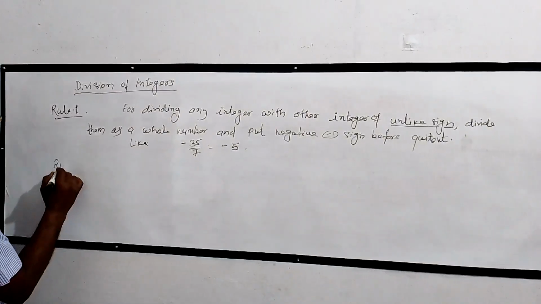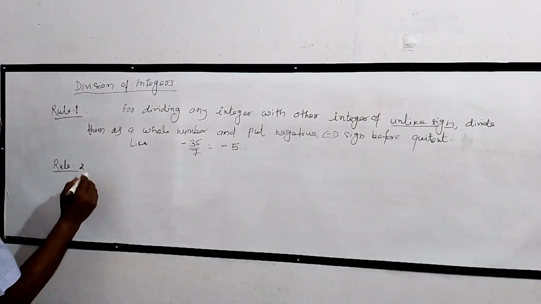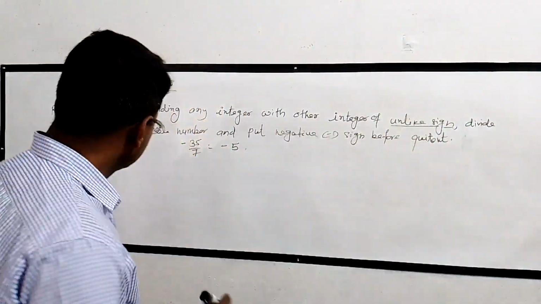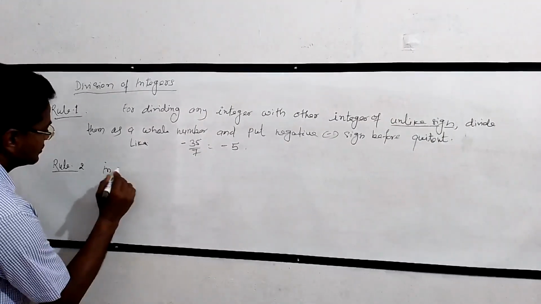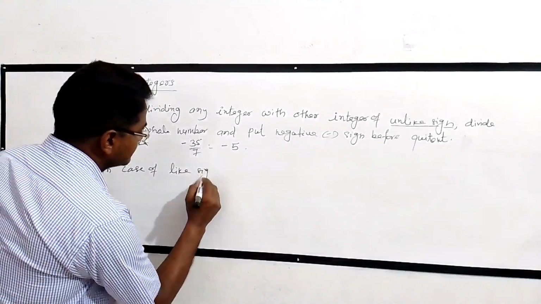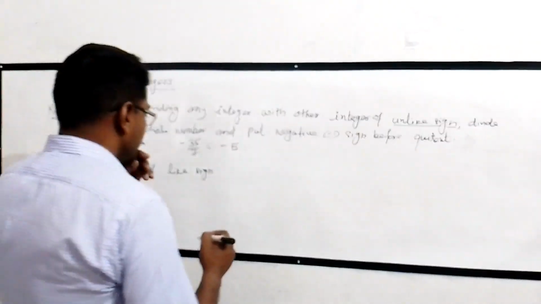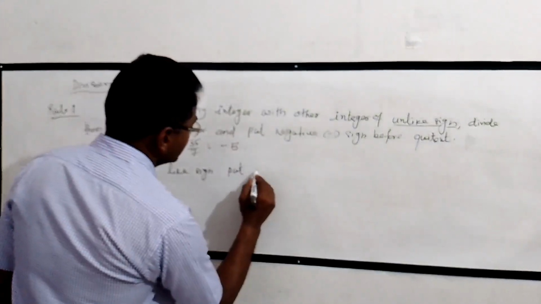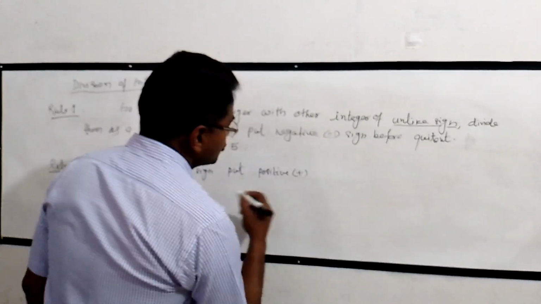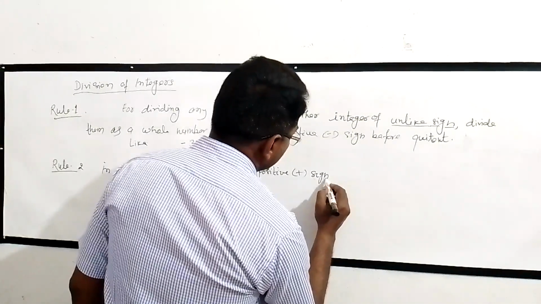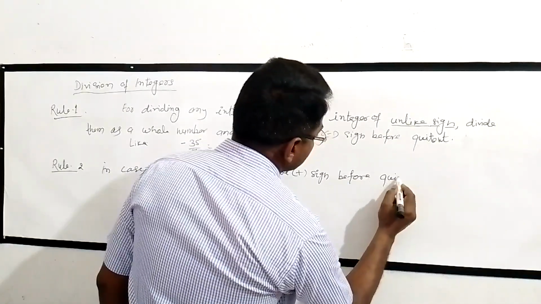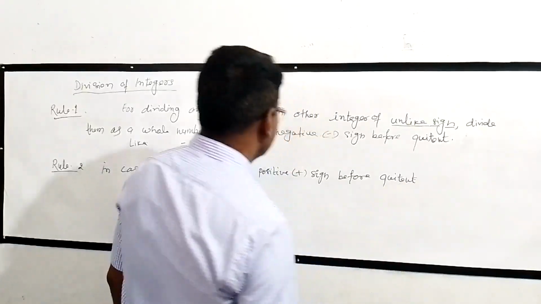Rule number 2: write down all the things the same, only in place of unlike you will use like. In case of like signs, put a positive sign before the quotient.